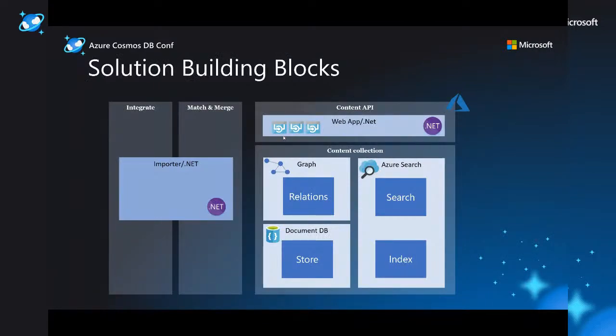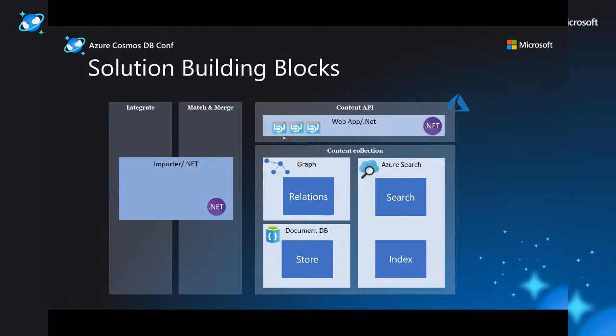If we look at the building blocks, we set up this proof of architecture where we embraced some of the Azure components, including Cosmos DB. Some of the parts like the integrate, match, and merge were done through .NET or web jobs and functions to push, on one end, the content, tax laws, jurisprudence, all this content and content types into a document DB store, which was subsequently indexed, leveraging the integration with search.